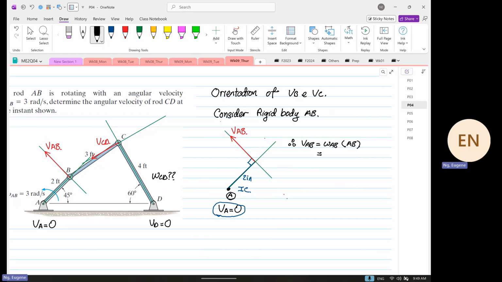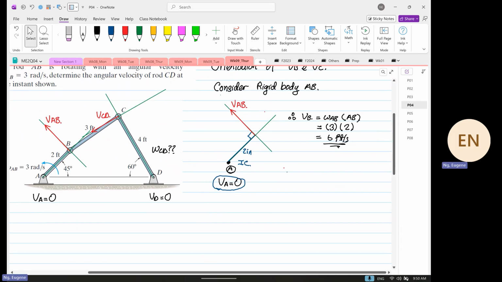So this is equal to omega AB is 3, AB is 2. So 3 times 2 is equal to 6 feet per second. So now we know, not our, this is our VB, sorry.